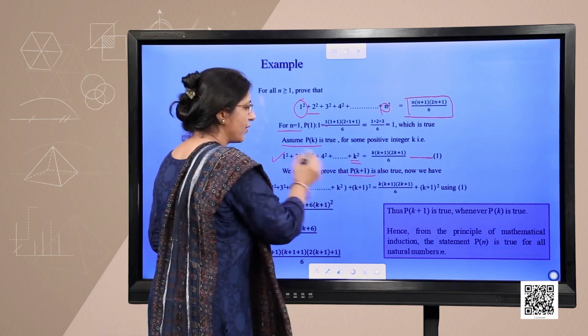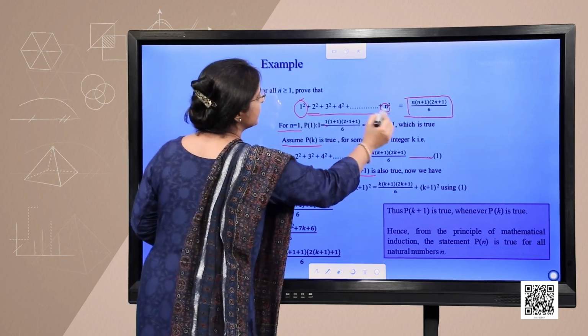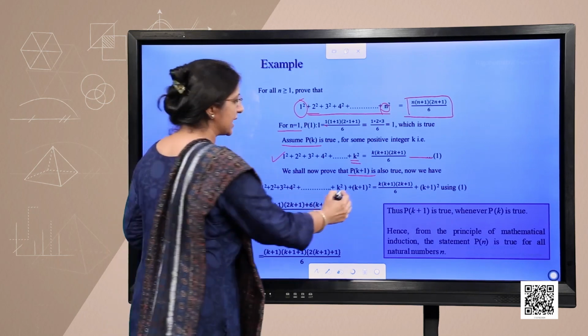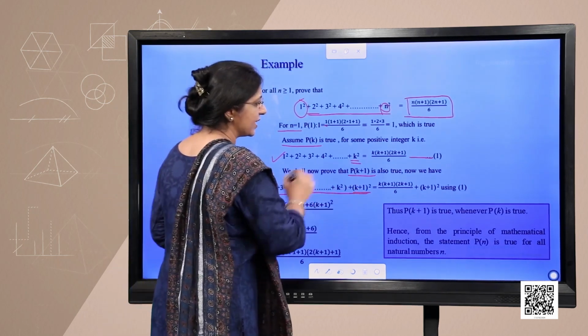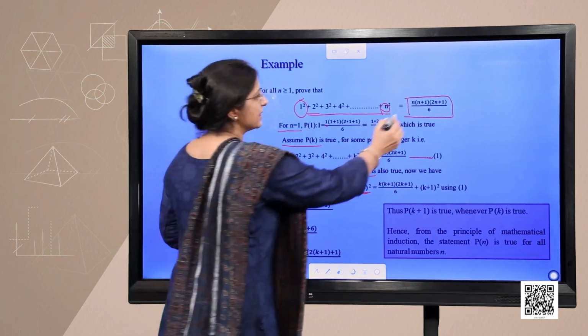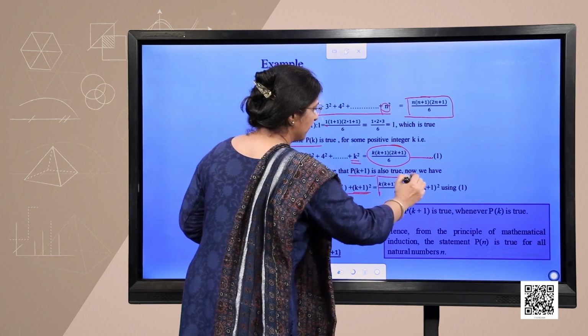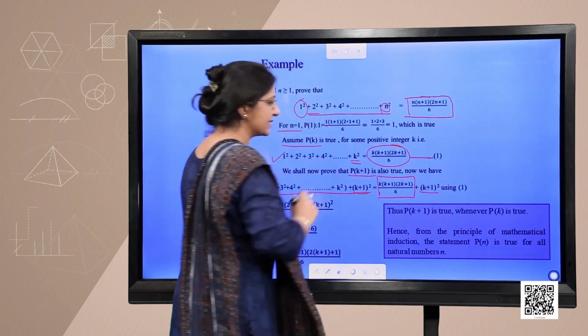So for k plus 1, what we need to do is write the terms till k and then the next term, which is k plus 1 whole square. Taking this extra term, this sum will come, adding to it the square of the next term.